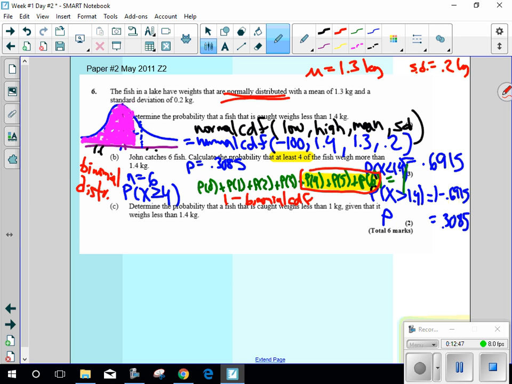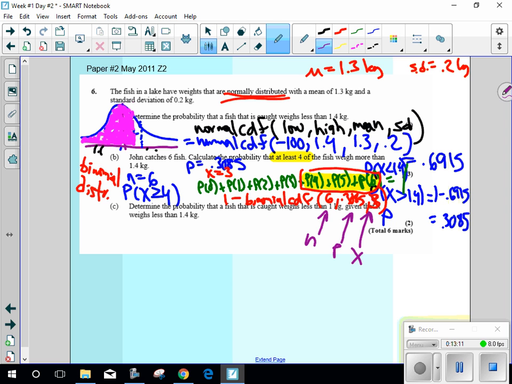So x here is equal to 3. So you go, I'm just going to write the numbers here. N is 6, P is 0.3085, and X is 3. And I'll write you a little note here. This is N, this is P, and this is my X.